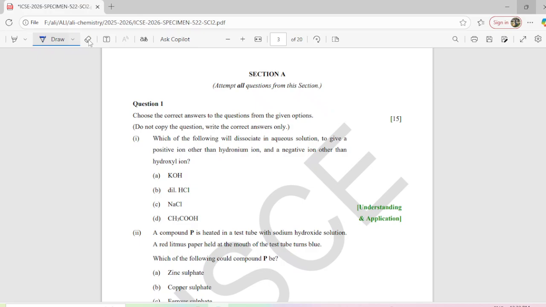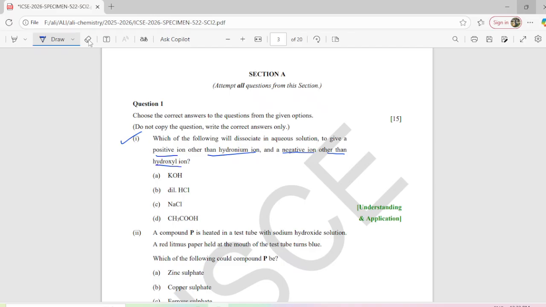Question number 1 has MCQs. As you can see, there is MCQ 1. Which of the following will dissociate in aqueous solution to give a positive ion other than hydronium ion and a negative ion other than hydroxyl ion?